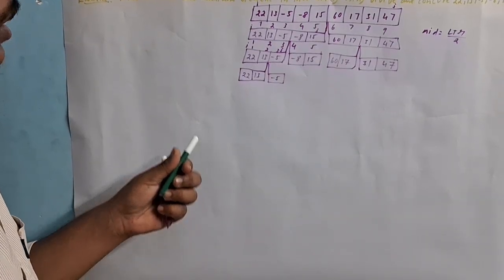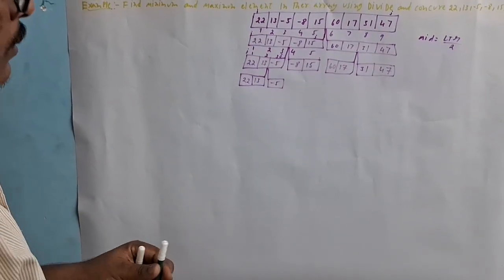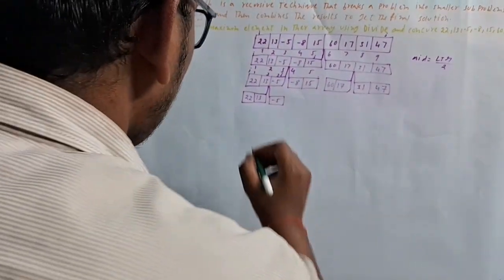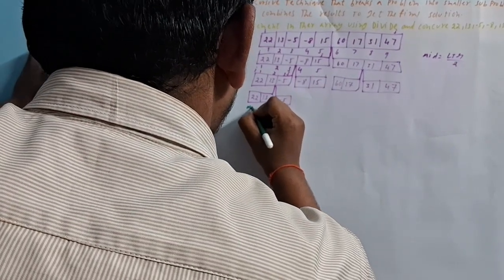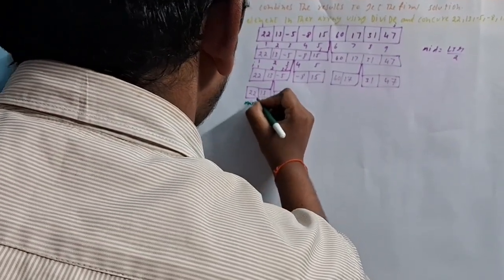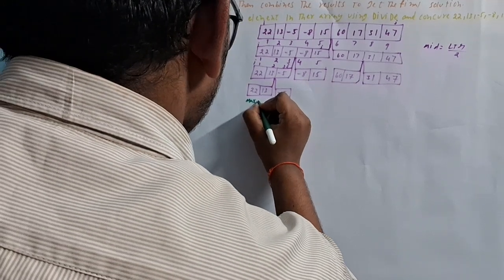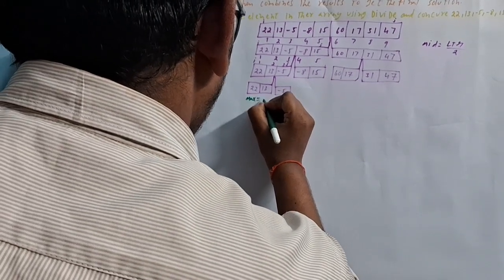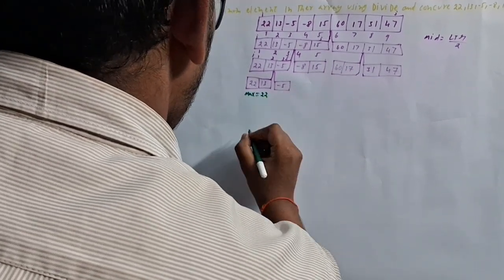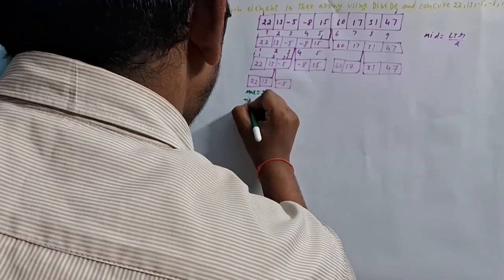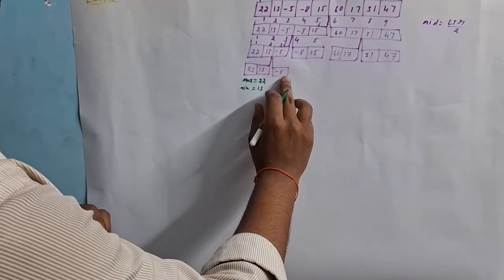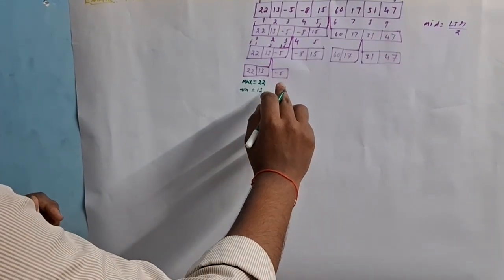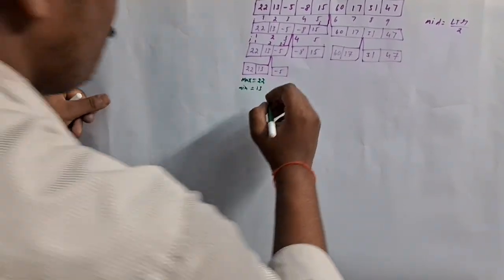Now we have to conquer this using min max. The maximum element in this list is 22 and the minimum is 13. In this one we have only one element, so min and max are the same value.